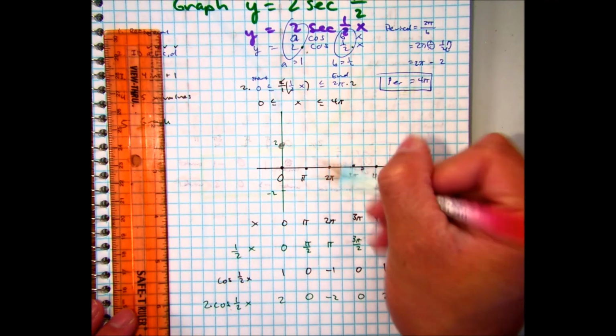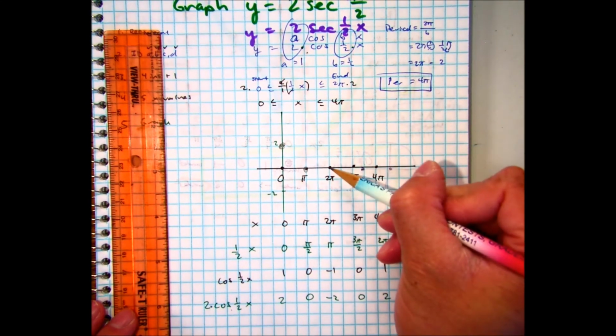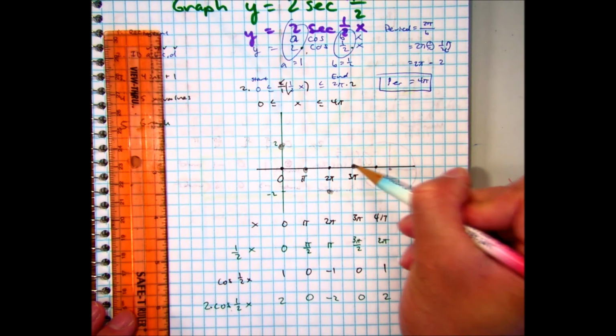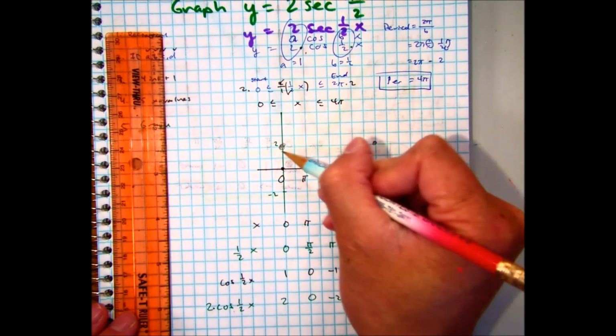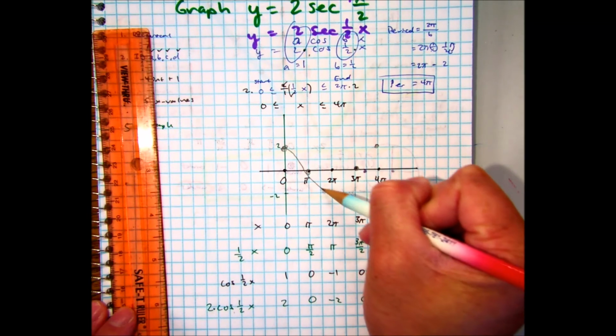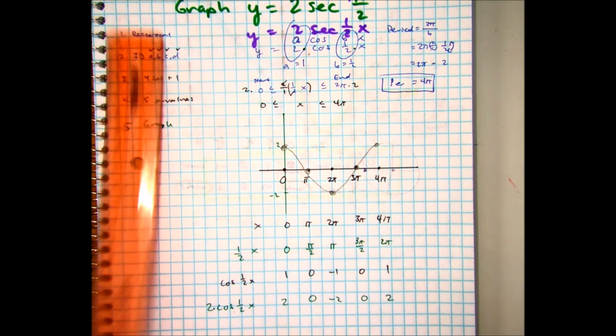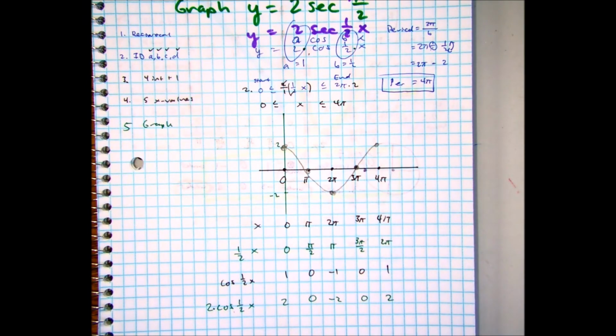Pi? 2 pi? Remember, I'm doing this in pencil so I can erase it. What's the next thing we need to do? Ashley, number 1.